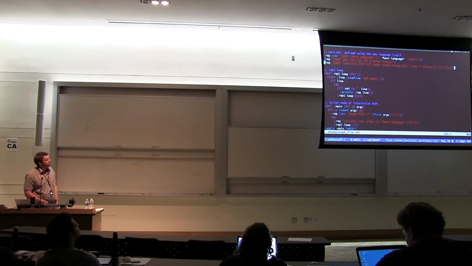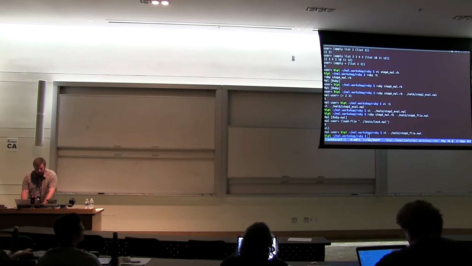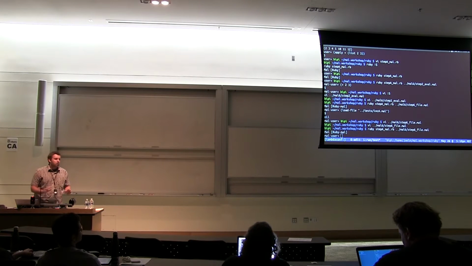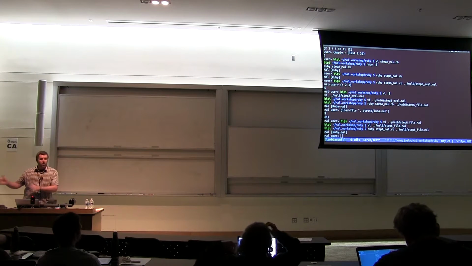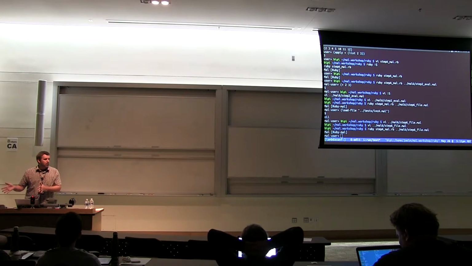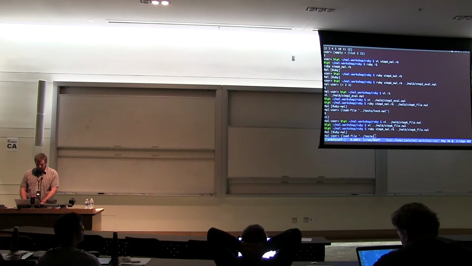As you can see, we define load file. Again, it's important to keep in mind, when I did this, we're running Ruby. We're telling Ruby to run the Ruby implementation of mal. And then the mal program that we want to run is itself an implementation of mal. And then we're using that to run yet another mal program.